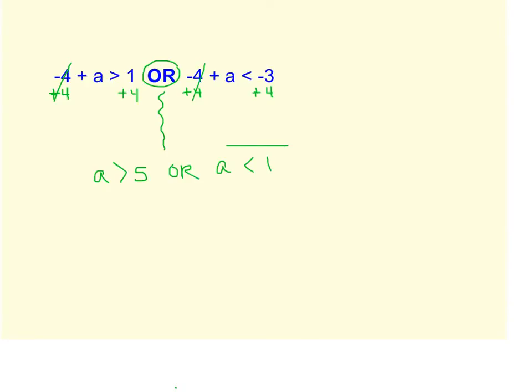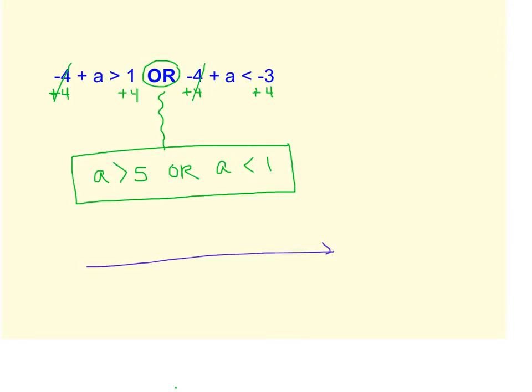I have solved for the variable on each inequality, and now I'm ready to graph this. So when I graph these, I definitely need to have a 1 and a 5 because that's where the circles are going to go. I also like to throw in where 0 would be, just to kind of show how everything is spaced with each other.